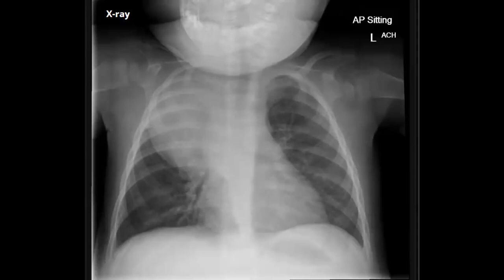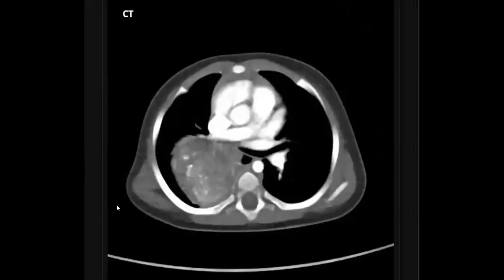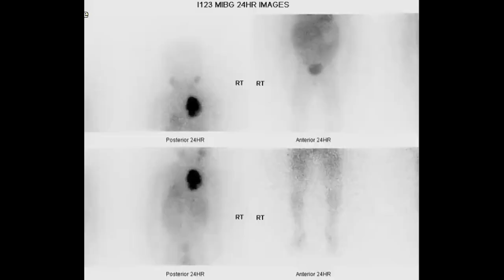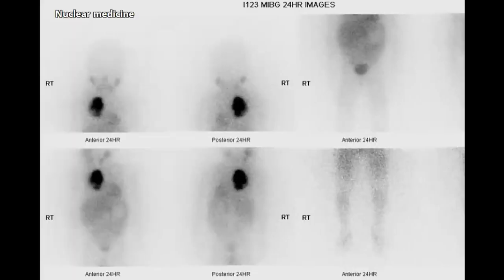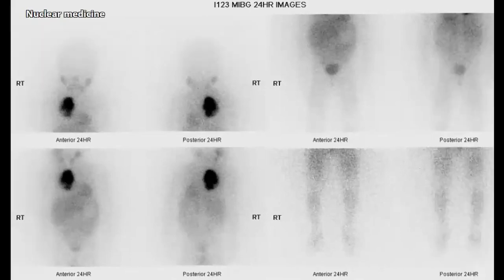In such an age group, you are worried about neuroblastoma. So what is your next step? You will do cross-sectional imaging. Yes, Noha, perfect. And you will do, what is this study? How do you confirm? By this study. This study is what? MIBG scan. Yes.